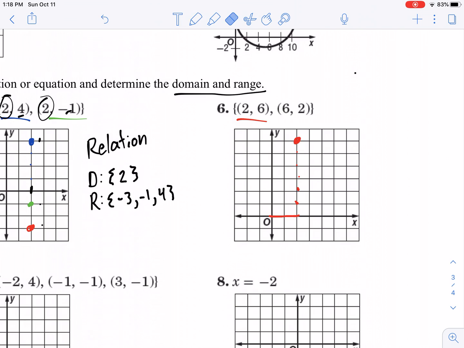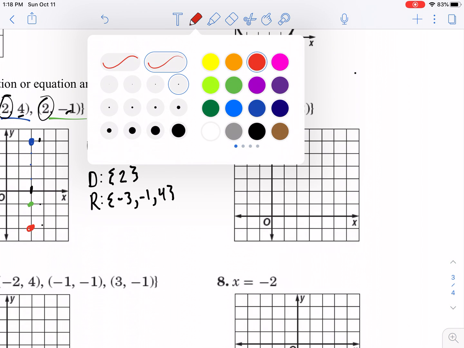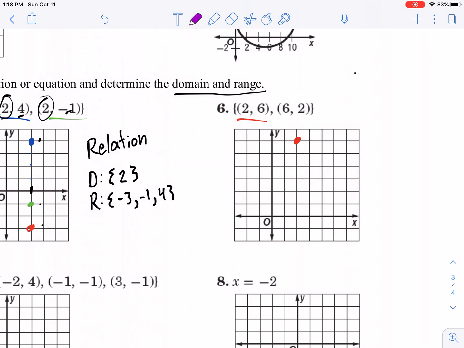There we go. That's better. Okay, so that's that first point. Then we have 6, 2. So we're out 6 on the x. 1, 2, 3, 4, 5, 6. And up 2 on the y. 1, 2. So those would be my 2 points. Now, do the x's repeat here? No. I have a 2 and a 6. They do not repeat. This would be a function.